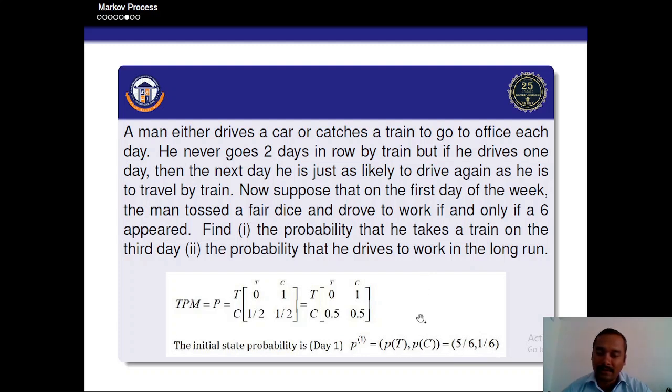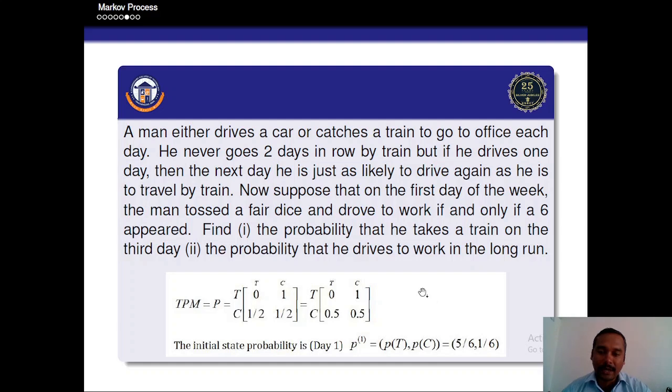The probability of train is the probability of getting a non-6, that is other values 1, 2, 3, 4, 5, when throwing a dice, which is 5 by 6. So on the first day the probability of going to the office by train is 5 by 6 and by car is 1 by 6.